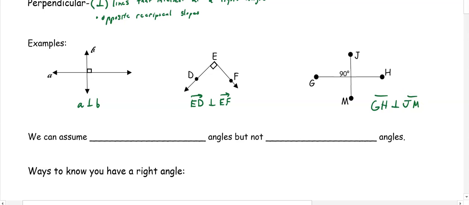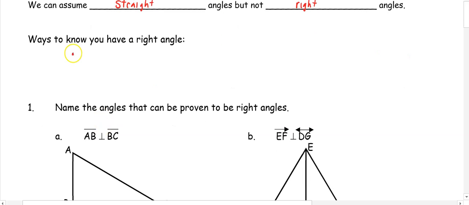When we are dealing with parallel and perpendicularity and angles, we can always assume that we have a straight angle that's formed by a straight line, but we cannot assume right angles. So to know if we have a right angle, there's a couple of different ways. One way is to be told it is a right angle, it's 90 degrees, or it's perpendicular.